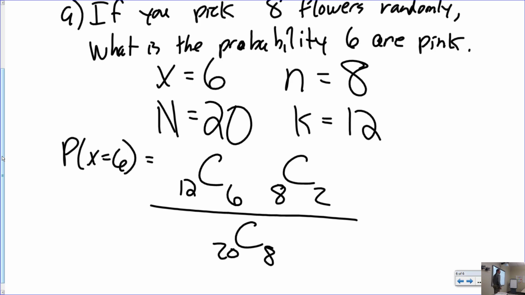A neat little thing to notice, folks, is that the numbers all have to add up in the numerator and the denominator. If you add up all the numbers to the left of C in the numerator, they always have to add up to whatever is the number to the left of C at the bottom. So 8 and 12 has got to give you 20. 6 and 2 has got to give you 8. It always works that way. So if the numbers don't add up, you know you've got wrong numbers in there somewhere, okay?